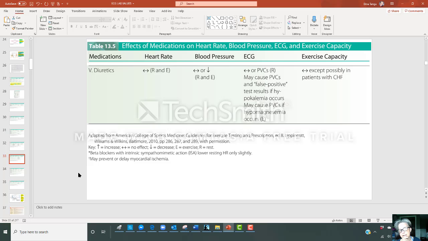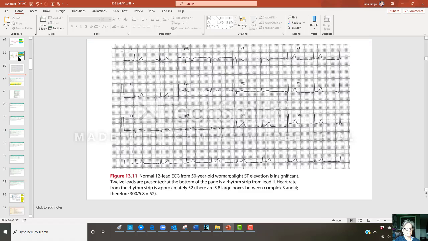May cause PVCs and false positive test results if hypokalemia occurs, low potassium. May cause PVCs if hypomagnesemia occurs. So we remember what PVCs are, right?